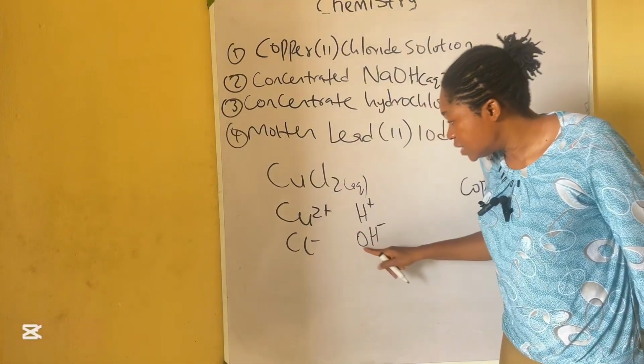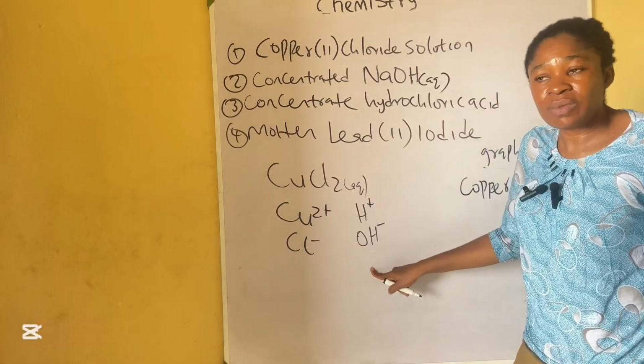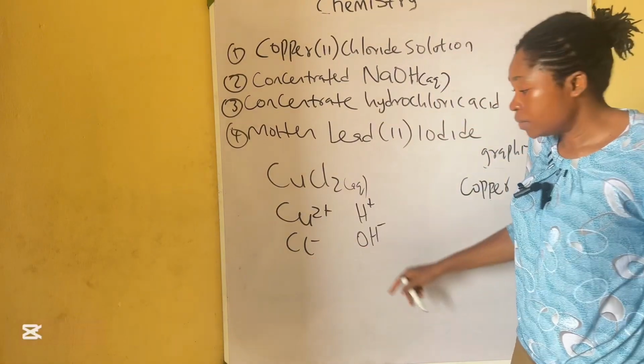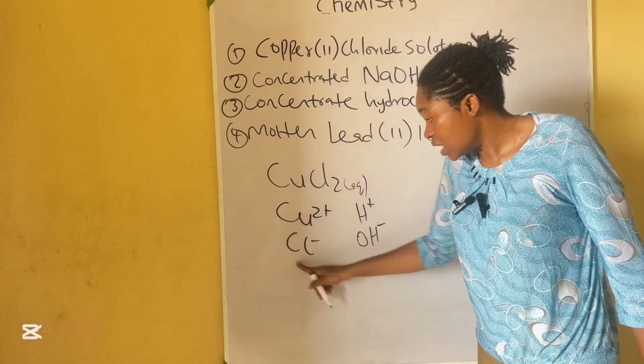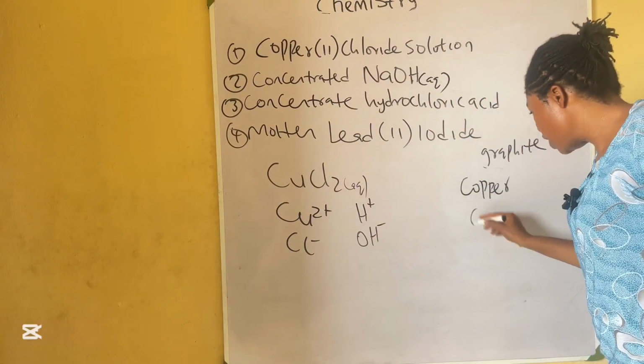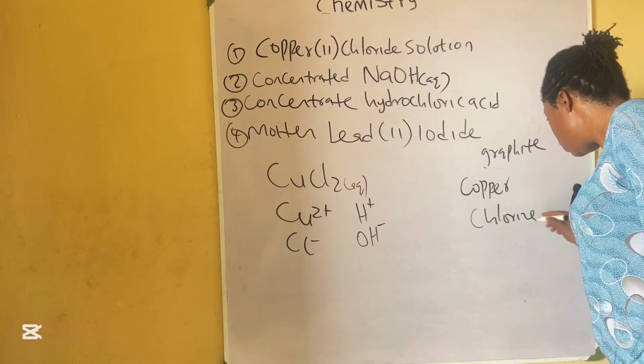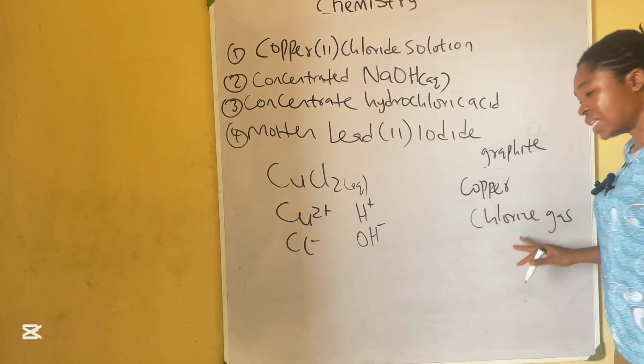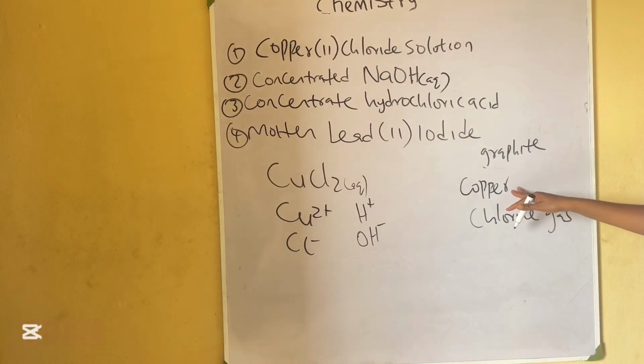Then at the anode, when you have chloride ion and hydroxide ion, chloride ion will be discharged as chlorine gas. So you get chlorine gas at the anode, copper at the cathode.